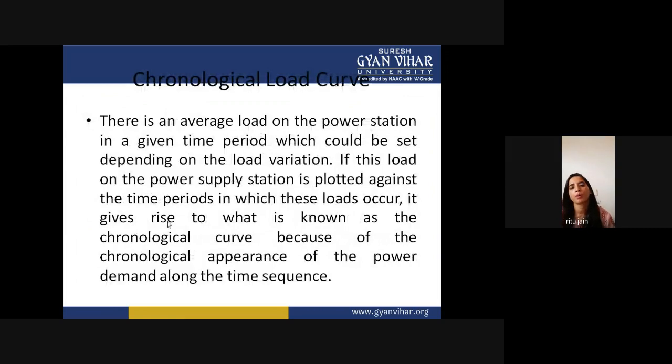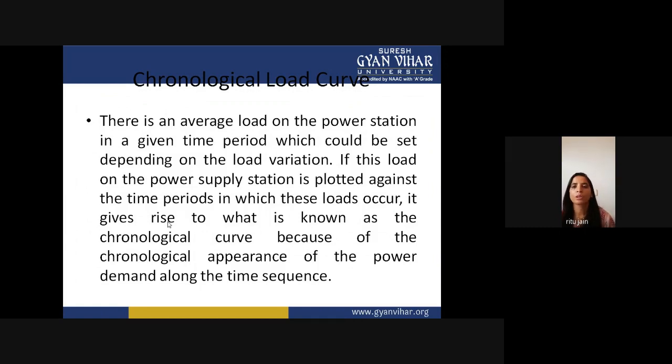Next, we come to the point that is your chronological load curve. It is also important. We have already seen the formula of average load. There is an average load on the power station in a given time period, which could be set depending on the load variation.